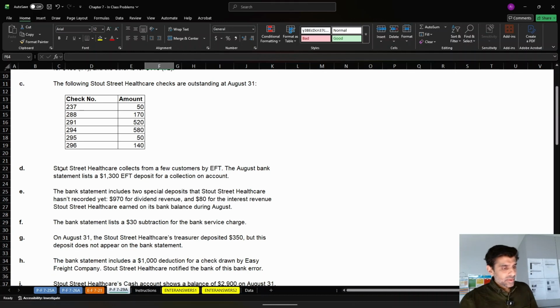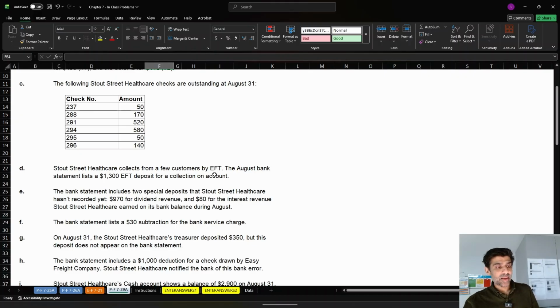Okay, next. Stout Street Healthcare collects from a few customers by EFT. The bank statement lists a $1,300 EFT deposit for collection on account. Okay, so this means that my customers, to pay off their accounts receivable, just directly send the money to my bank.